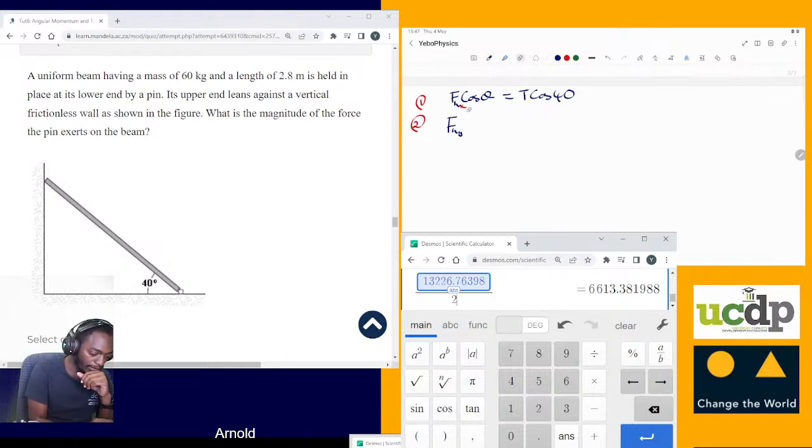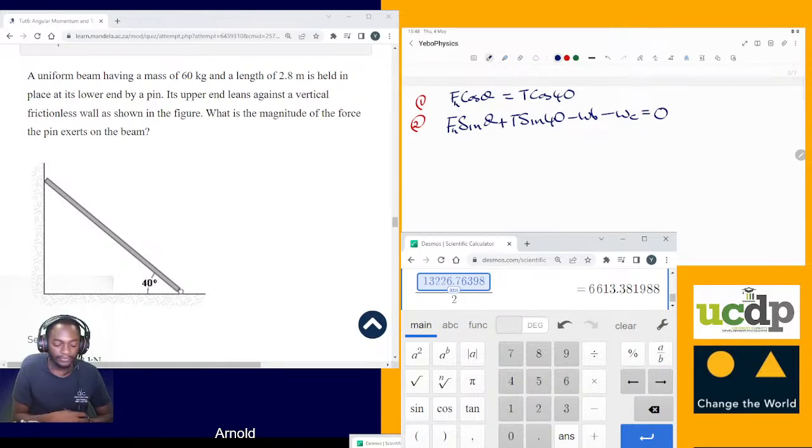And F sine theta plus T sine 40 minus weight of the bridge minus weight of the car equals 0.